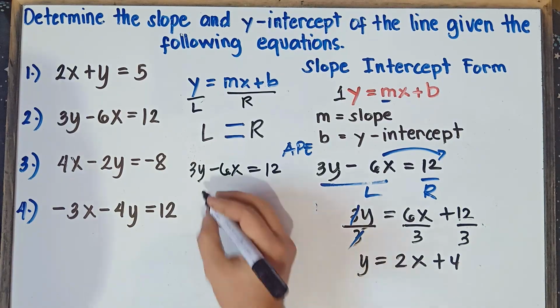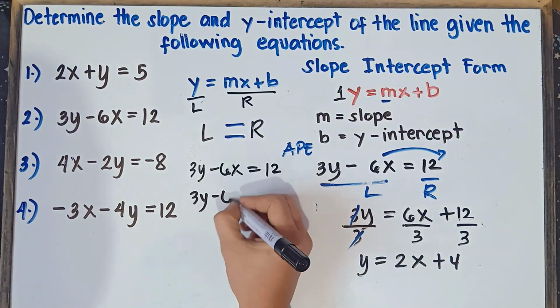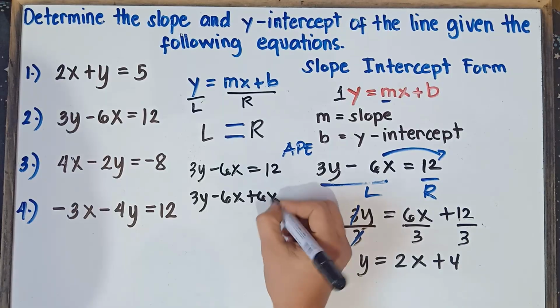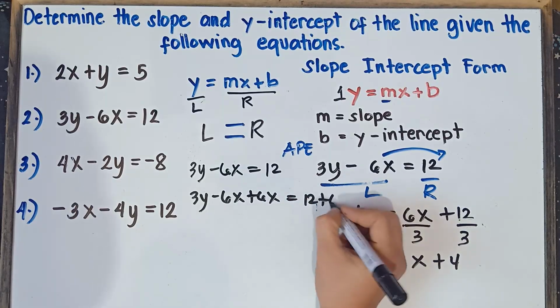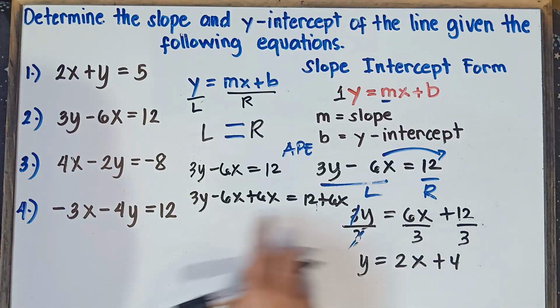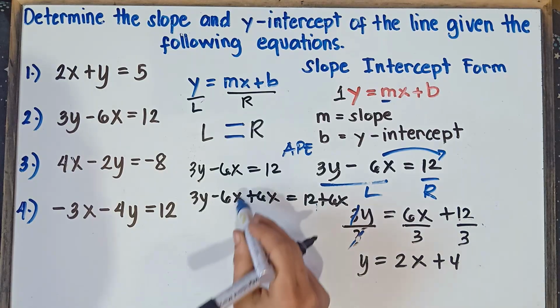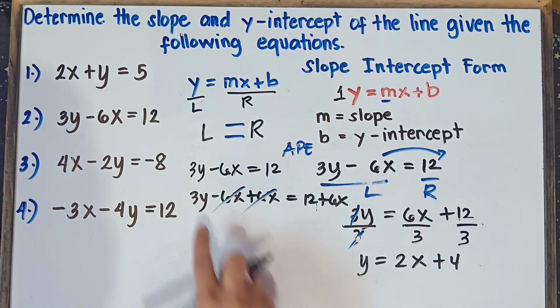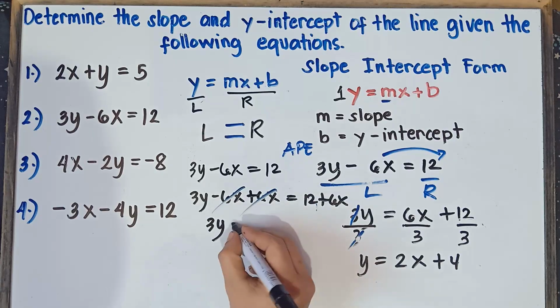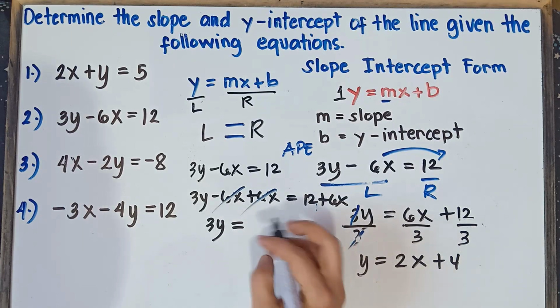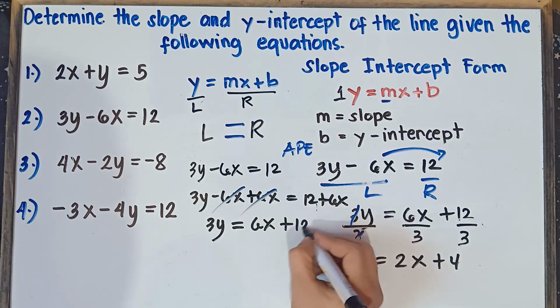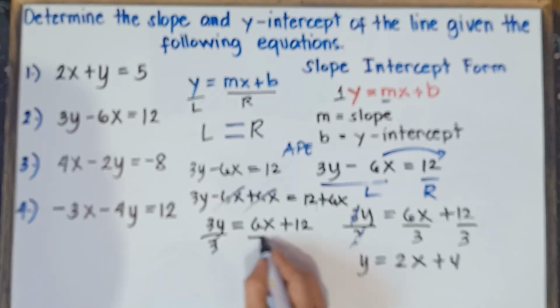So you have 3y minus 6x plus 6x equals 12 plus 6x. Why do we add positive 6x to both sides? So that you can cancel this out, and the remaining expression is only 3y, equals 6x plus 12. Then divide by 3.